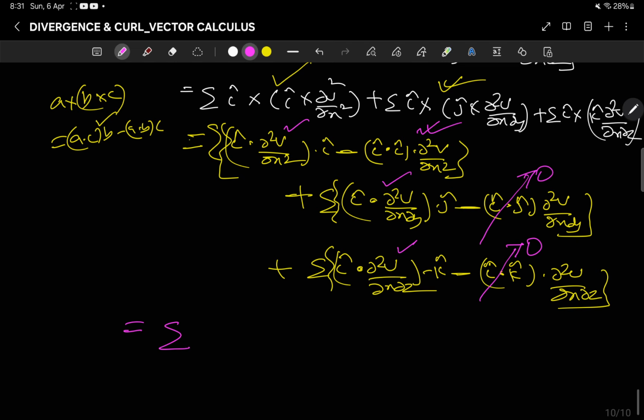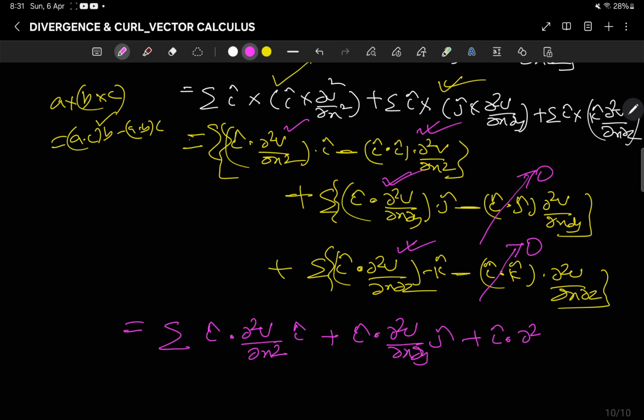This is equal to summation of I cap cross del square V by del x square I plus I cap dot del square V by del x del y j plus I cap dot del square V by del x del z k, right, and it is minus I dot I is 1, summation of del square V by del x square, right.